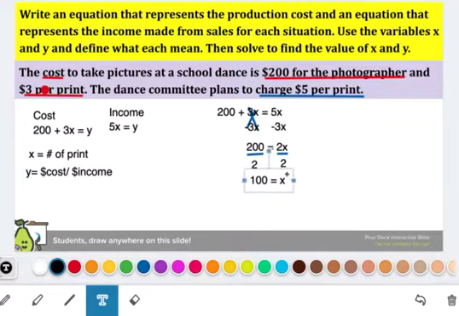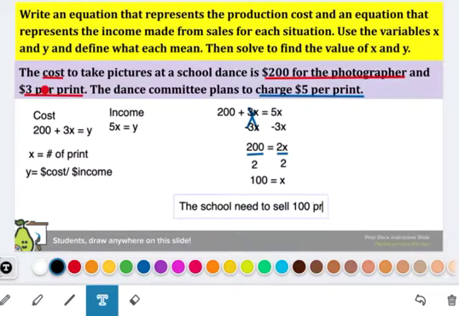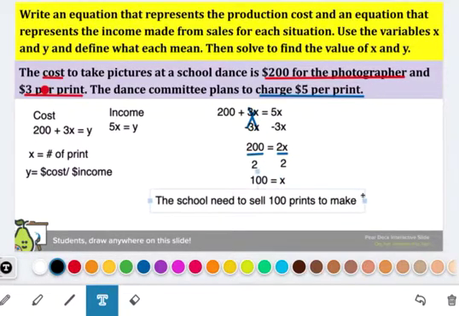So X represents prints. The school needs to sell 100 prints to make, let's see how much money they make, their income. So take that 100, substitute it into this X right there, because that says X is that.